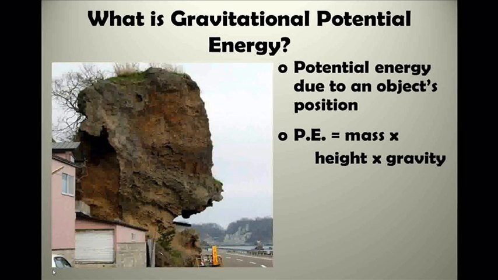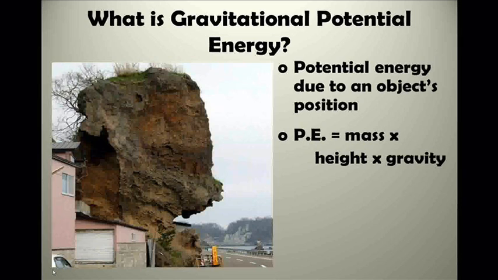Here's another example. Take a look at this big rock from a landslide in California. There's certainly height here. It's got a lot of mass, and there's gravity pulling it down. Again, it's not doing anything at the moment, but it has the potential to become kinetic energy and crush anything that's underneath it.